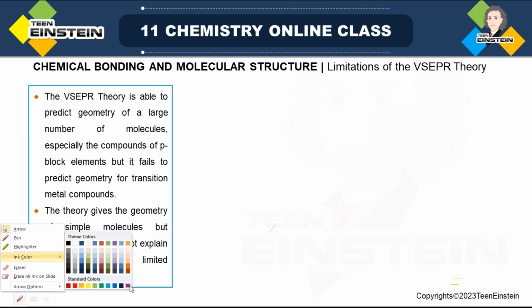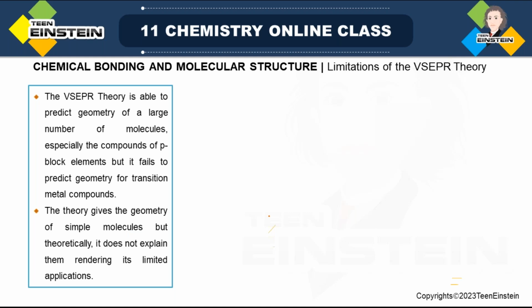For any theory we know there are always some limitations. So what are the limitations? It is able to predict the geometry of a large number of molecules, especially the compounds of p block elements, where it is really successful. But if you now move to transition metal compounds, that is the d block elements, then we cannot apply this theory.